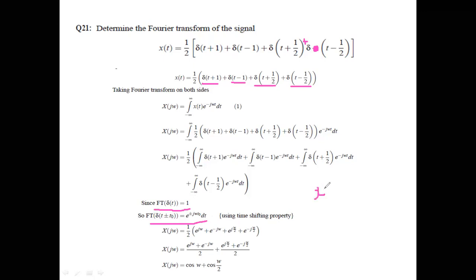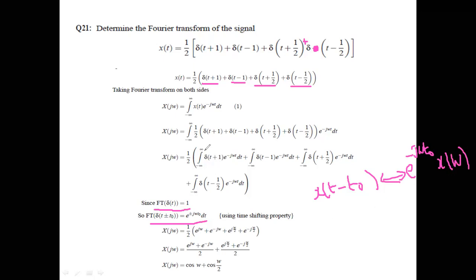What can we say about x of t minus t naught? The Fourier transformation is e power minus j omega t naught into x of omega.